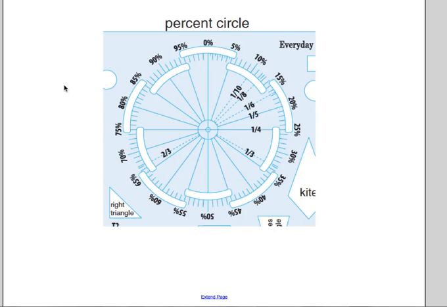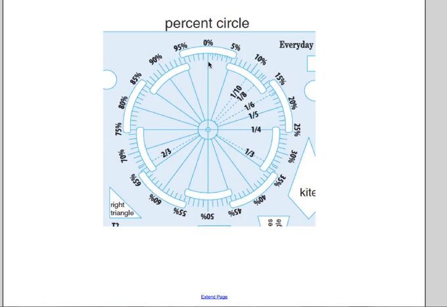Now, if you notice, when you look around the percent circle, there are 100 equally spaced marks around the circle. Each of these little marks is 1. So there are 100 all the way around the circle. You can see that they're kind of shaped like pieces of a pie, which is where we get the name pie chart.